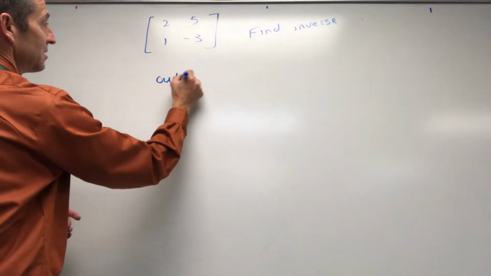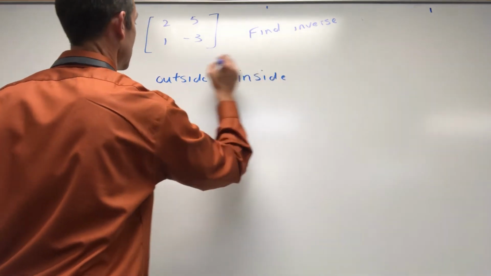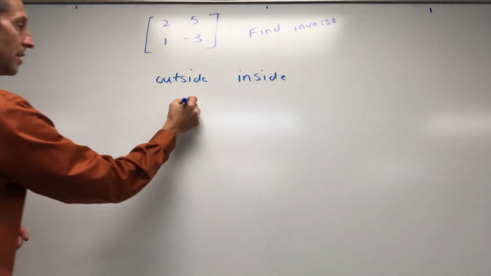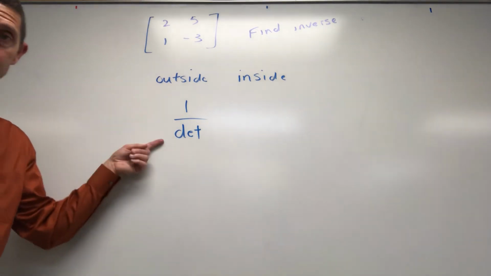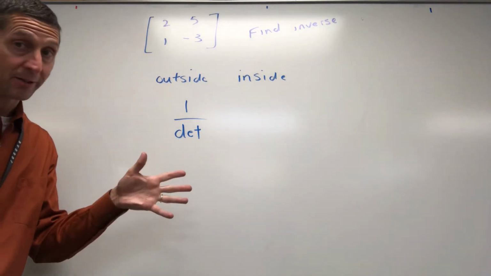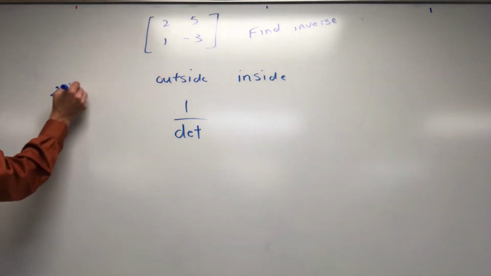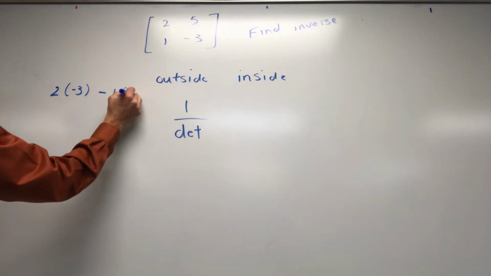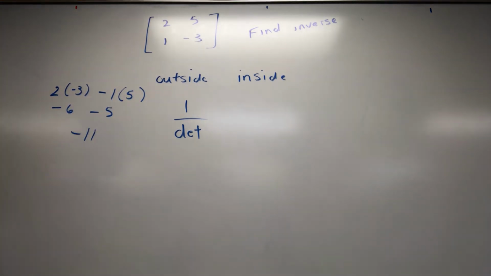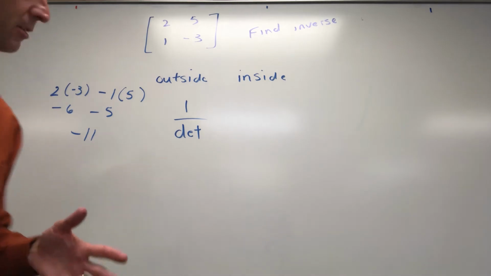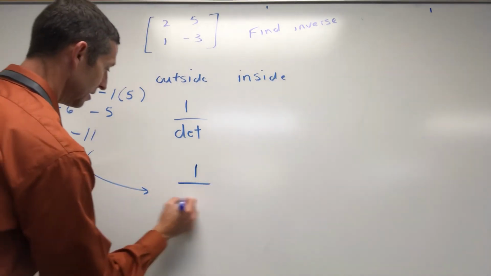You've got the outside and you've got the inside. So outside is always a fraction. One's on top, determinant on bottom. Always. Real quick, let's run the determinant. So we've got 2 times -3, 1 times 5. So it looks like your determinant turns out to be a -11. So for my outside part, it's 1 over -11.